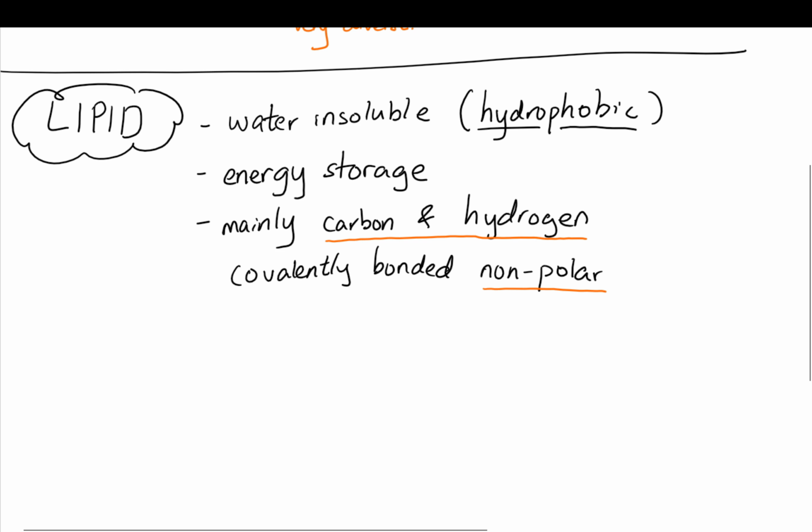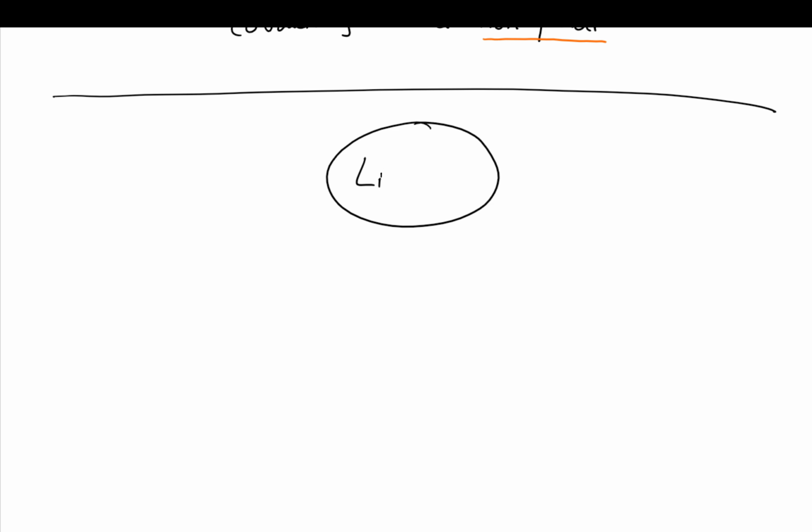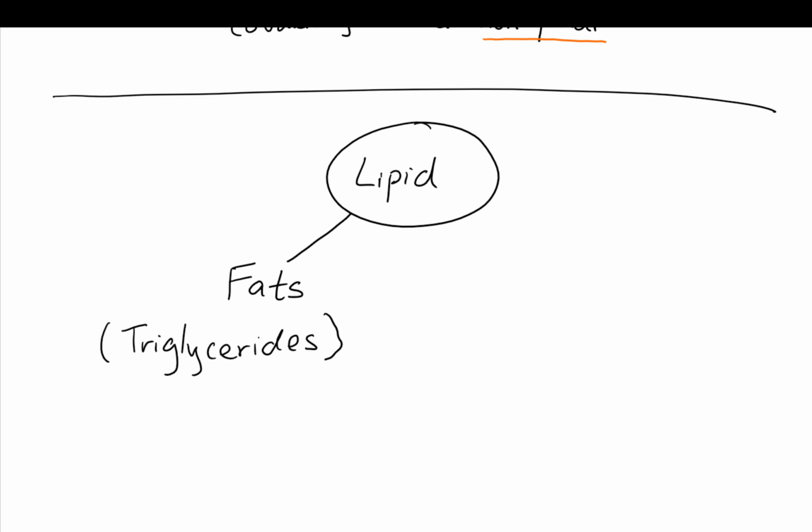So there are a few types of lipid that we're going to focus on today. Mainly 2 types. The first one is fat, and another word for it is triglycerides. Triglycerides. If you look from the name, you know that it is something of 3. Tri means 3.